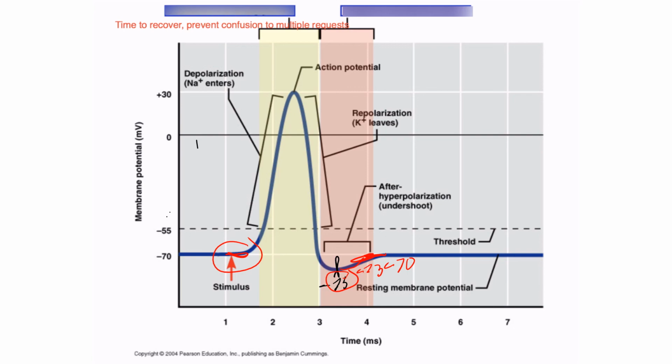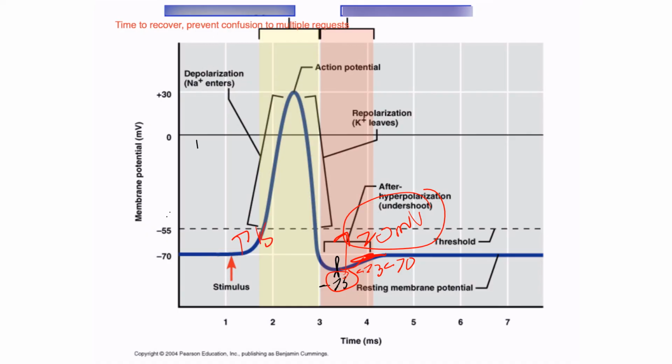So think about this. To get the hillock region to threshold during the second half of the relative refractory period, what do you have to do? Let's just say from negative 75, you would have to drive the hillock region up by 20 millivolts. Under a normal circumstance, you would only need to drive it up by 15 millivolts.